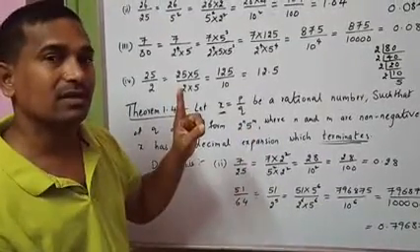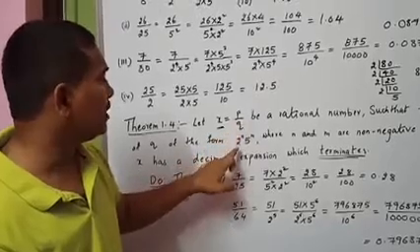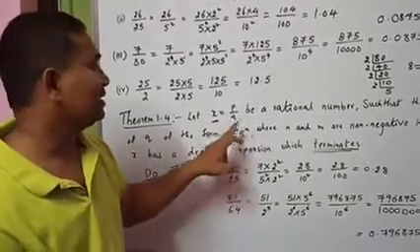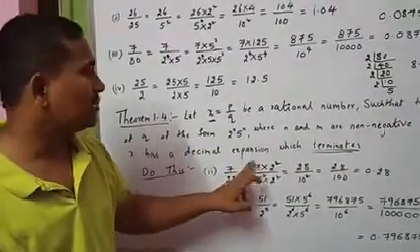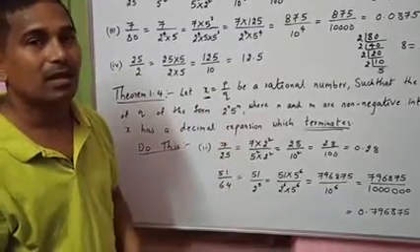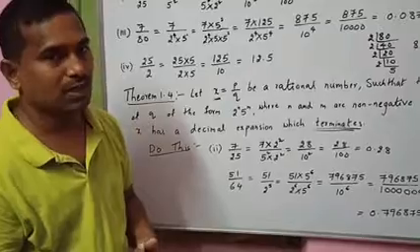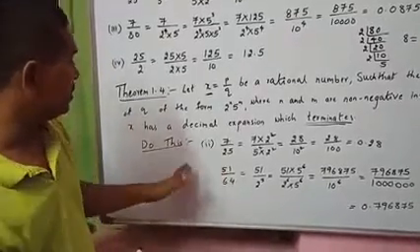That is yesterday's theorem. Here, if the rational number's q is in the form of 2 power n, 5 power m, then this rational number has a terminating decimal.